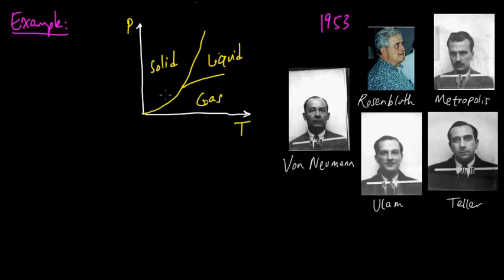And because this is such a prototypical type of behavior, they all tend to look the same for just a huge range of materials, water or CO2 or helium, or just a huge range of different substances have a phase diagram that looks very similar.